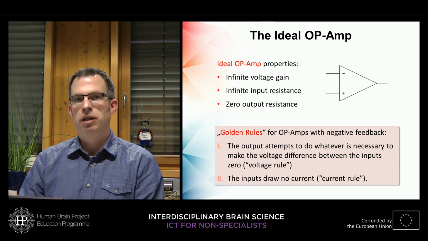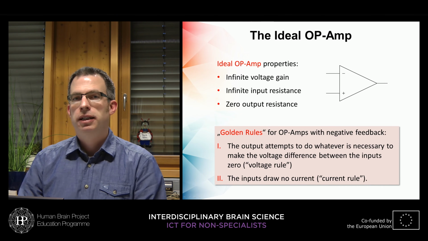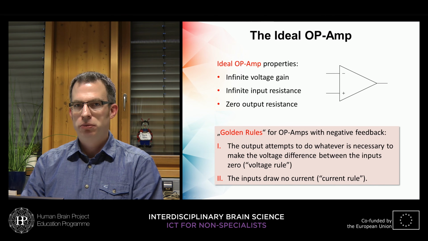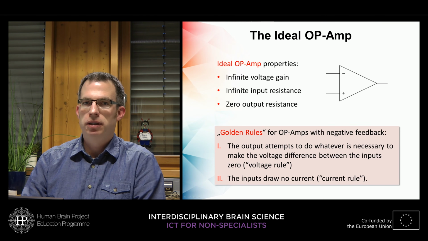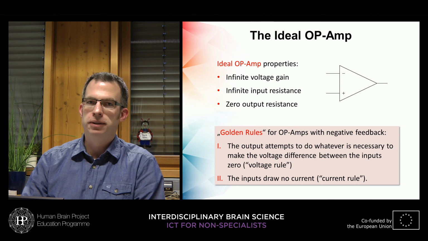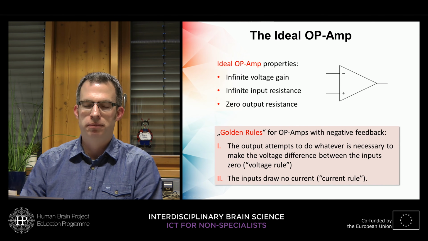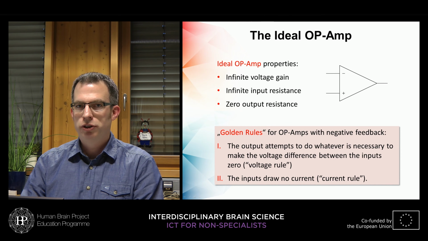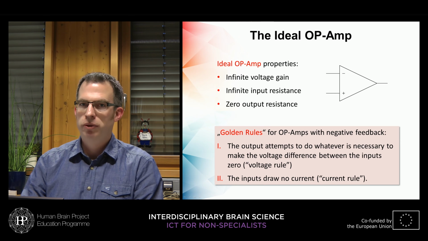That's somehow logical, because only if the input voltage difference is 0, the output voltage is different from infinity. So that's one reason for this rule, if you have these ideal properties. If there is an output voltage that is not infinite, the input voltage difference needs to be 0.